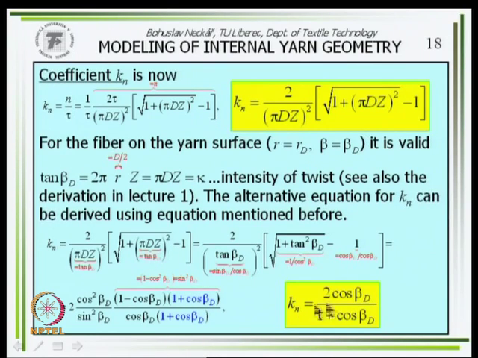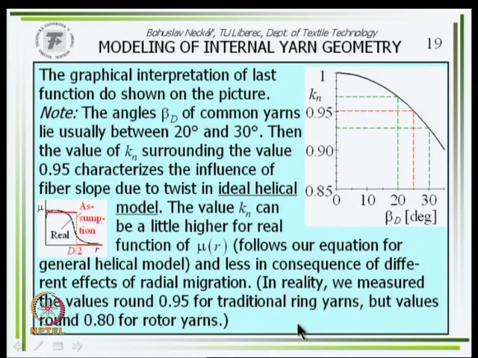Okay, how is Kn graphically? When we use this last formula for Kn and express it in graphical form, we obtain such a graph here. This is the axis of the peripheral angle beta d, and this is the axis of the value of Kn. We obtain this thick curve. In textile practice, we usually twist the yarn so that the peripheral angle is between 20 and 30 degrees.